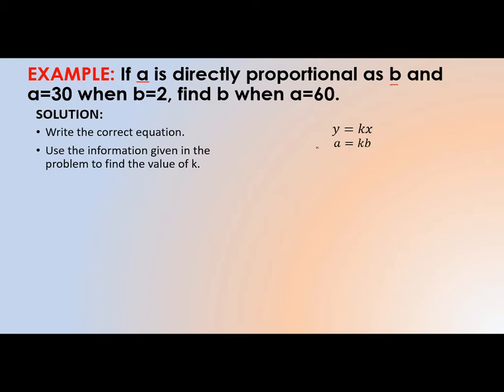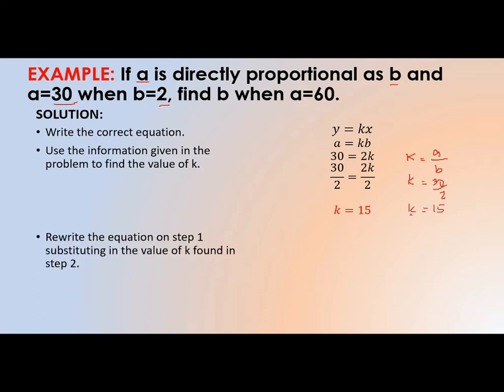So, finding k. A is 30, B is 2. Divided by 2, we get 15. When we use k equals, this will be A over B. Here, k is y over x; this one is A over B. So k equals 30 over 2, so we also have 15.